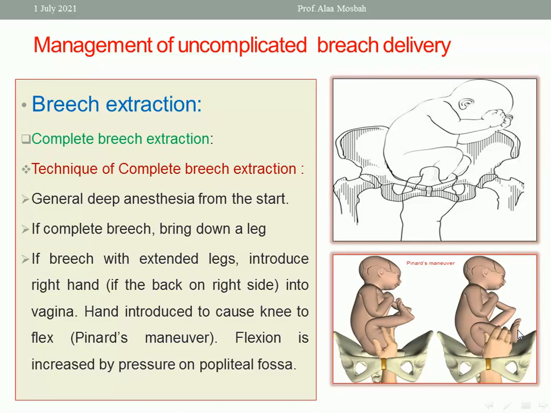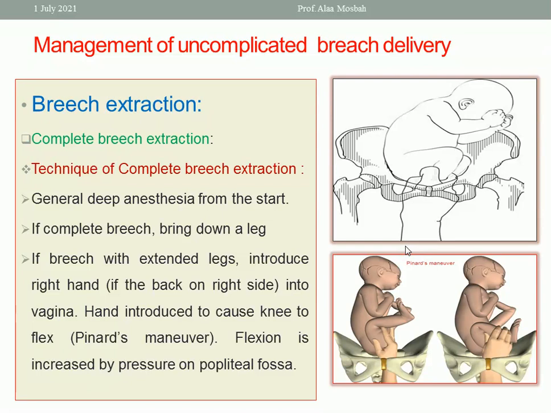Then hold it between the index and the middle finger and bring it down outside. This is for when the legs are extended, as in breech with extended legs, which is the frank breech. While in complete breech, you can catch the foot between the index and the middle finger and deliver it under anesthesia. Okay, easy.